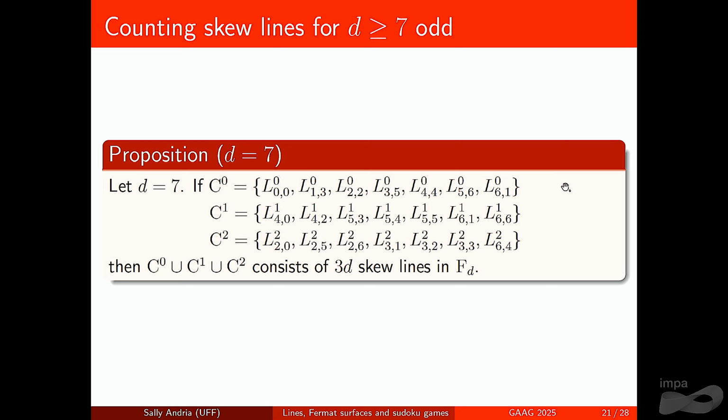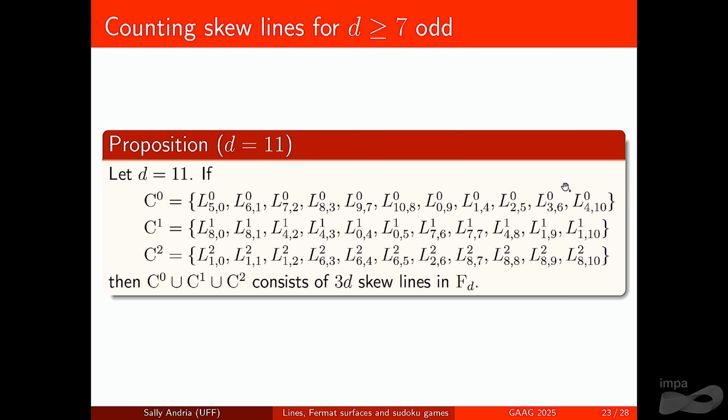In the case of D odd, we have to make many subcases. So for D equal to 3, 5, 7, we have to look for the subsets C0, C1, C2 to get the 3D skew lines. And it was hard work for D equal to 11, too.